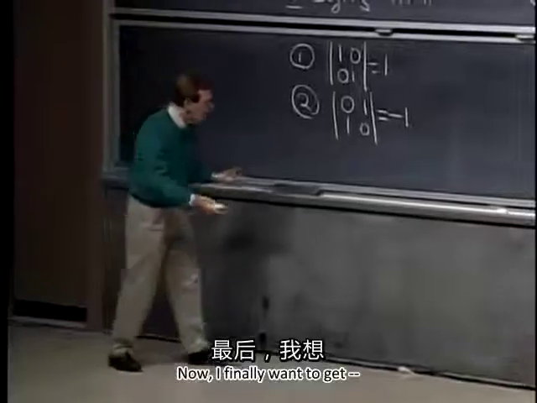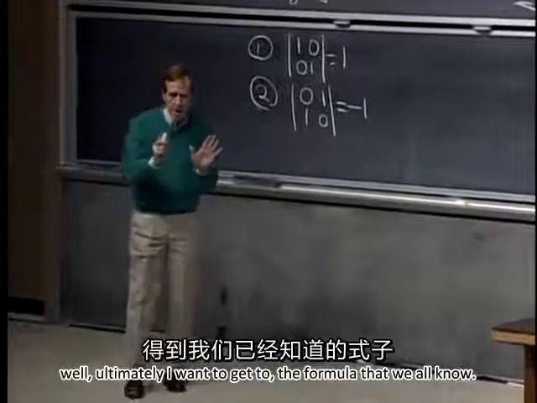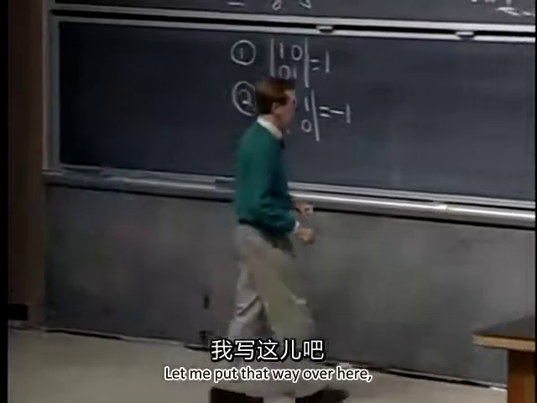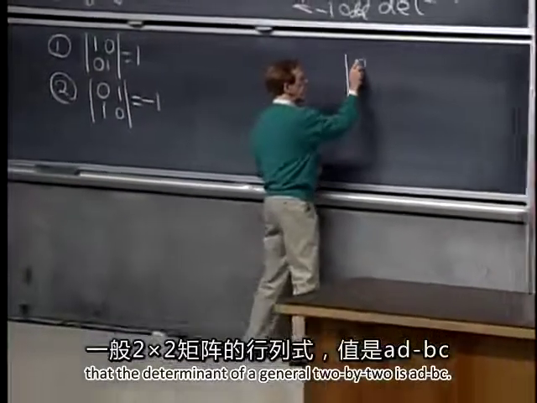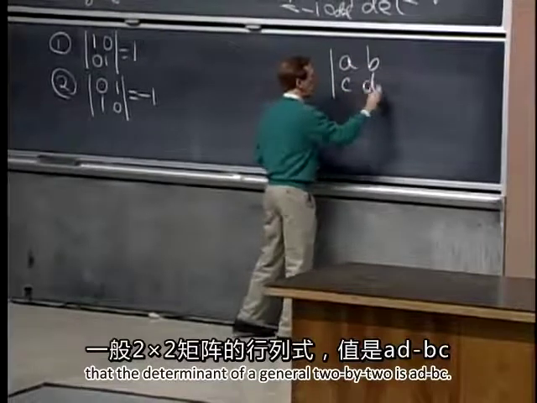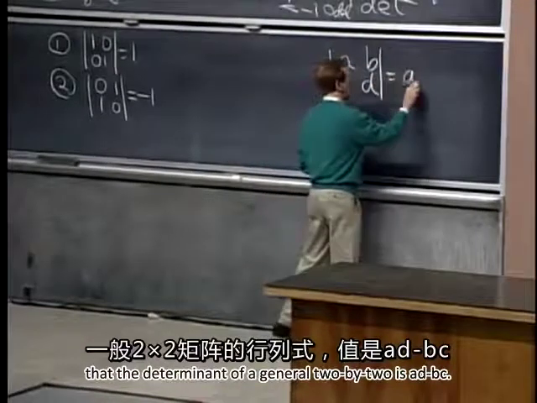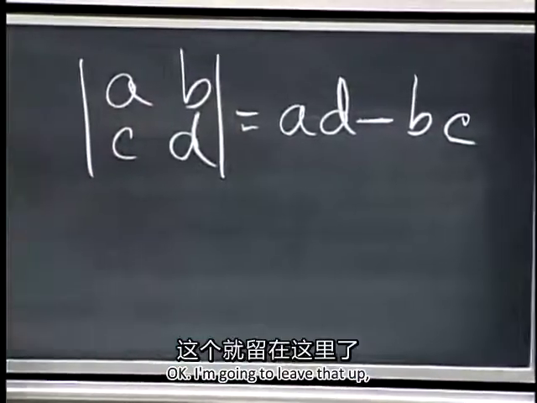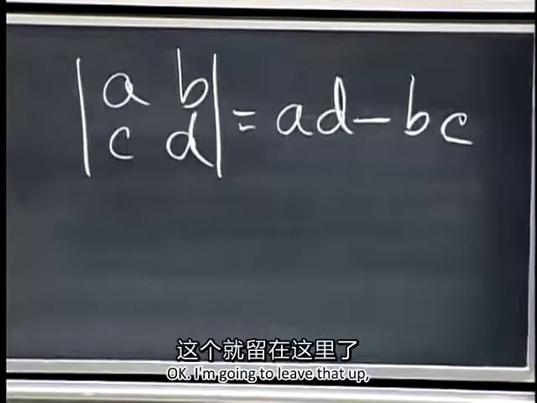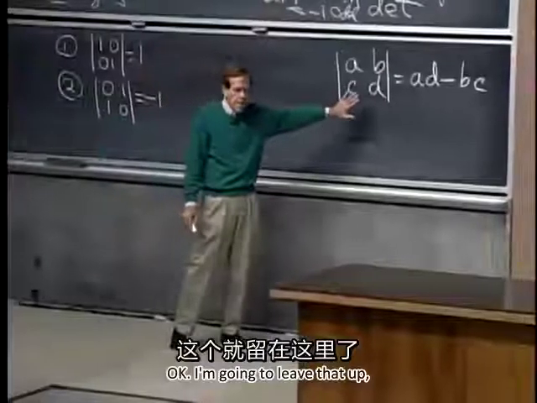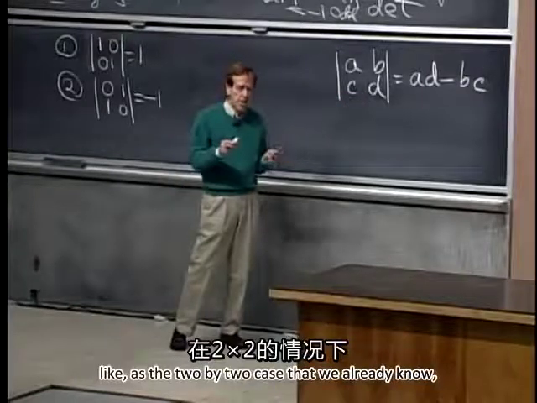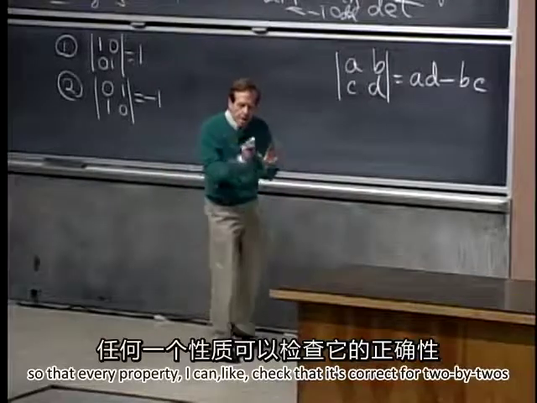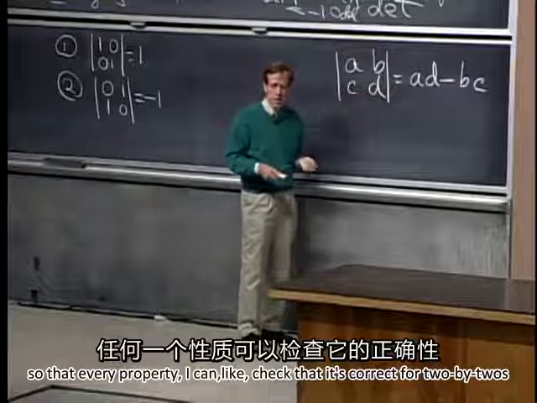And now ultimately I want to get to the formula that we all know. Let me put that way over here: the determinant of a general 2 by 2 is ad minus bc. I'm going to leave that up as the 2 by 2 case that we already know, so that for every property I can check that it's correct for 2 by 2s.